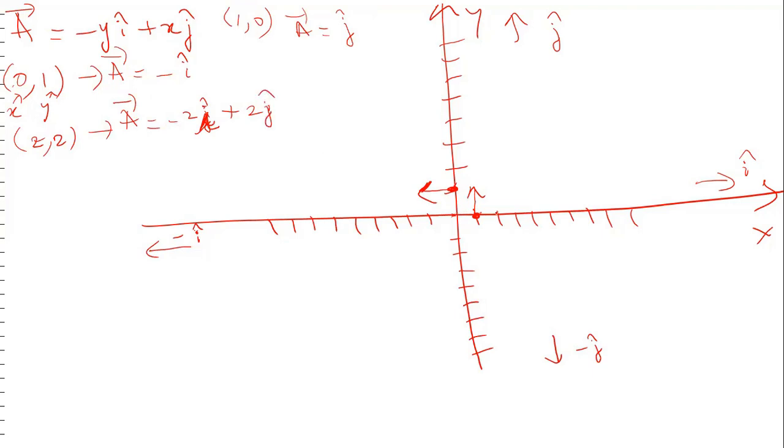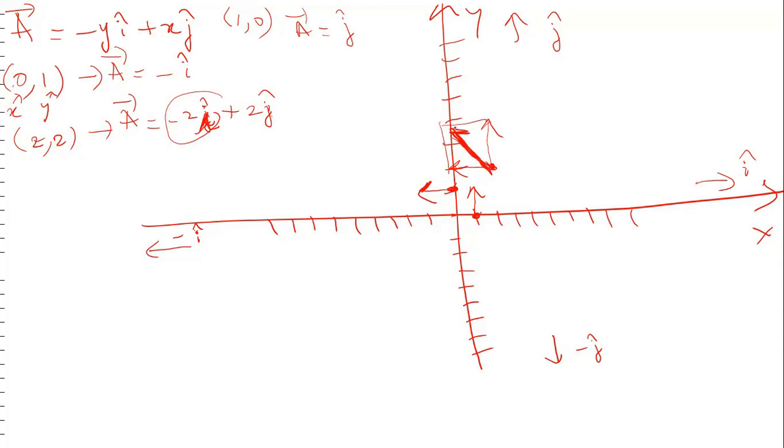The x coordinate is 2, the y coordinate is 2, so the point (2, 2) is somewhere here. At this point, you have a vector along minus of 2i, this is minus of 2i, plus of 2j, this is plus of 2j, and the resultant of this vector addition will be this.